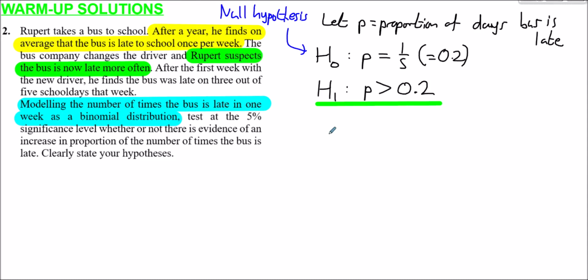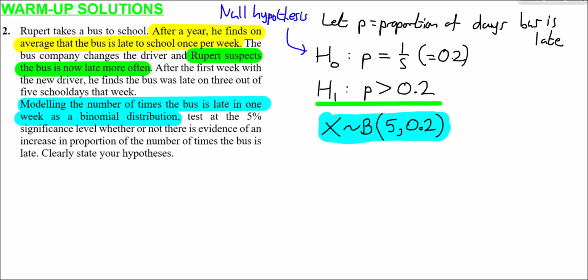So what we'd assume here is that x, the number of times a bus is late, follows a binomial distribution where the number of journeys in 1 school week is 5, and the probability of a bus being late on any one of those days is just late 1 day in 5, 1 out of 5, a 0.2 chance. So that's our model which we are testing against.